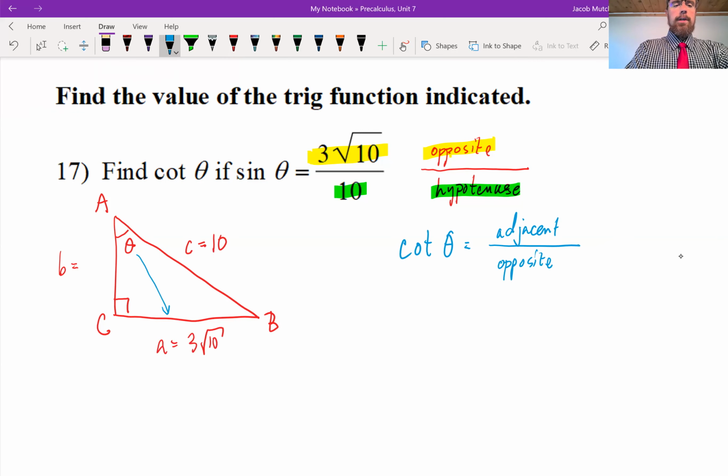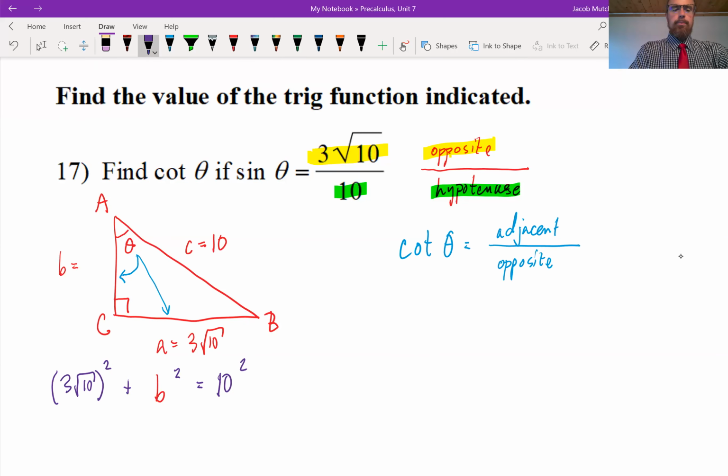That's 3 square root of 10, but I do not yet have the adjacent side length, side B. So just like in my first 2 examples, I've got to use the Pythagorean theorem in order to find that missing side length. So we'll set it up again. It's a squared plus b squared, so 3 square root of 10, that's side length A, squared plus B, what I'm looking for, squared, equals C, or 10 squared.